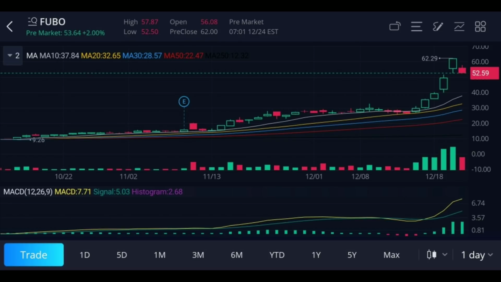When FUBO was trending upwards, the volatility is insane, meaning that those call options are going to have some juicy premium on them, and you could have collected a lot of premium. We're talking about hundreds of dollars. The further out you go in time, you're maybe even possibly collecting thousands of dollars, or numbers like $1,500 or $1,000.